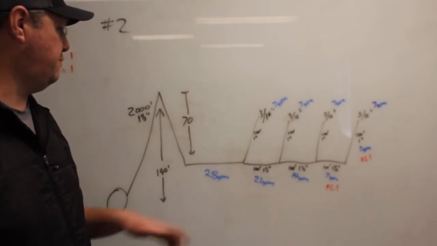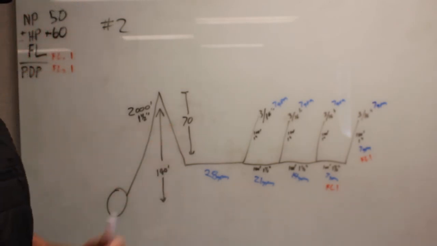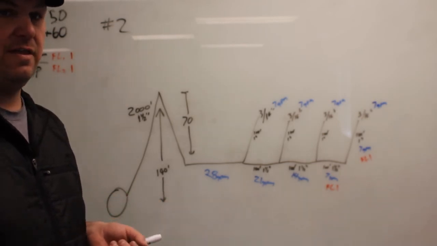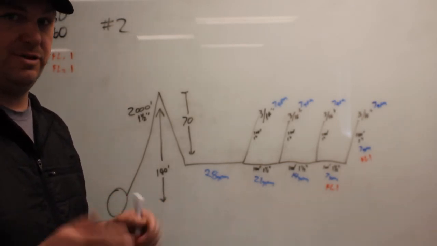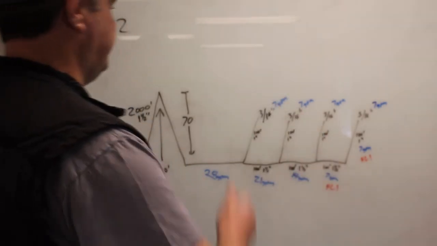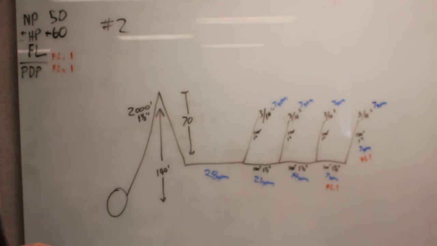So just be aware of that when you get into these really long hose lays and you come up to the point where you're looking at 0-ish or 1-ish of friction loss. That's where you may actually start splitting it. But generally, we're going to go to the whole number. Go to the whole number, keep it simple. In this case, we're going to use 1, it rounds to 1.